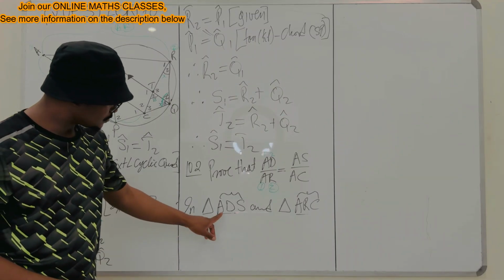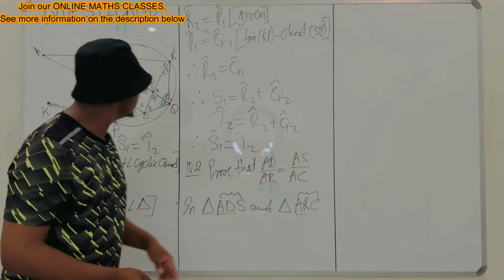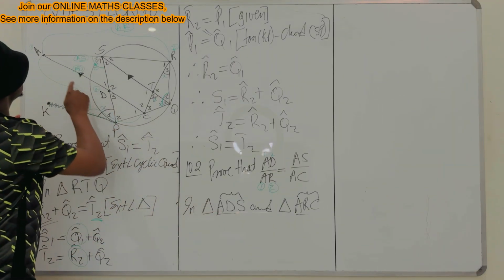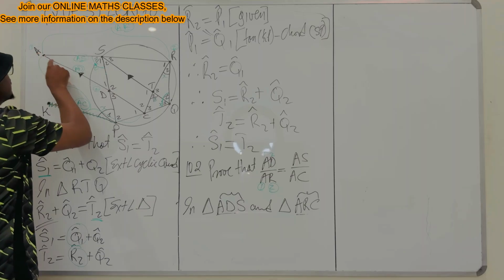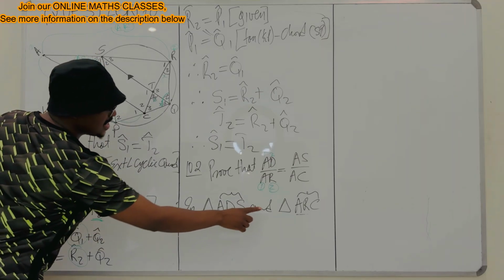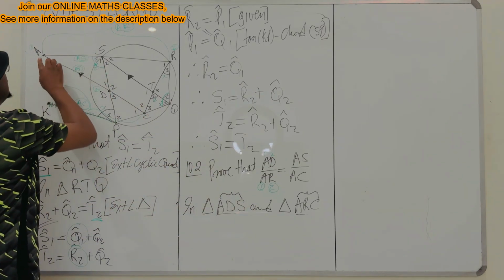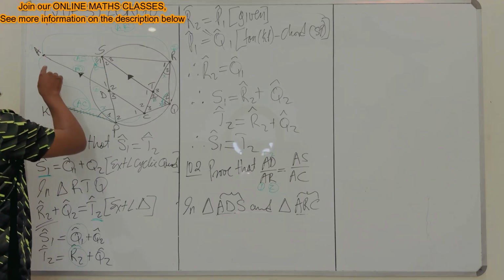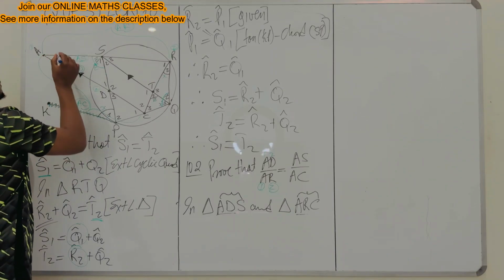Look now, angle A and angle A. Let's go and look at that angle A of this triangle. Where's ADS? ADS, so this triangle here. And then where's the other one? ARC. You can see that this angle is in both of these triangles, because look at this angle here.